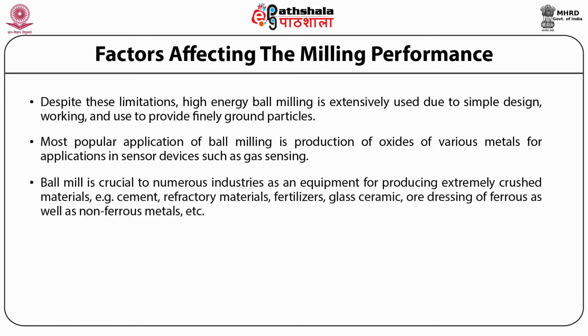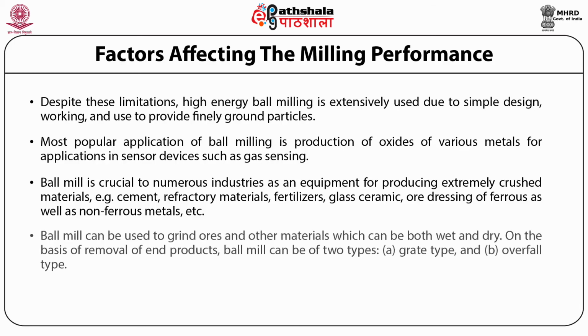Ball mill is crucial to numerous industries as equipment for producing extremely crushed materials, for example, cement, refractory materials, fertilizers, glass ceramic, ore dressing of ferrous as well as non-ferrous metals, etc. Ball mill can be used to grind ores and other materials which can be both wet and dry.